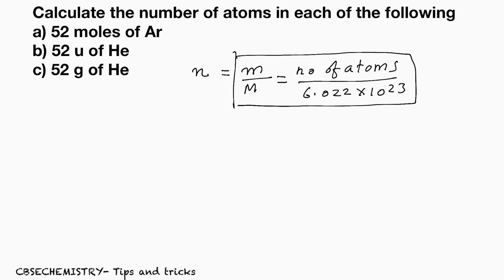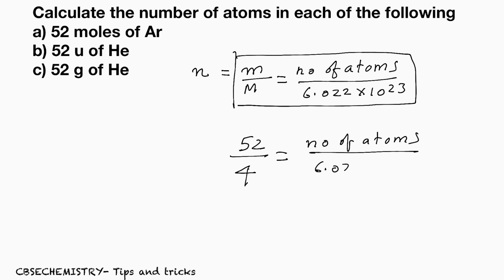Very, very simple. What is mass? 52. What is molar mass? 4. Number of atoms we have to find, right? By Avogadro number. Hope all of you understand. That much easy, right? So number of atoms is equal to, on cutting this, what you will get? 13, right?